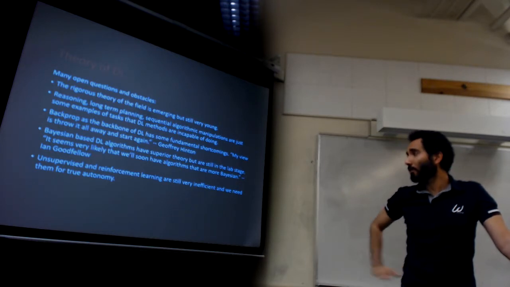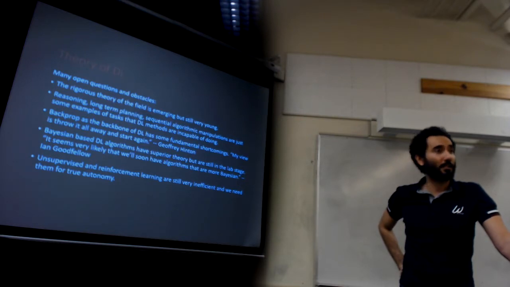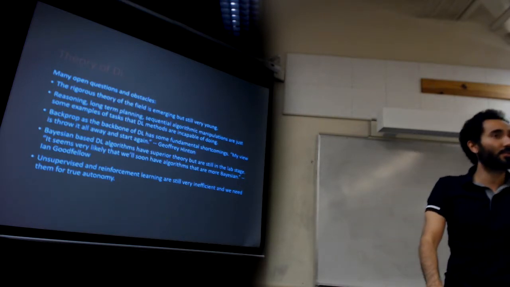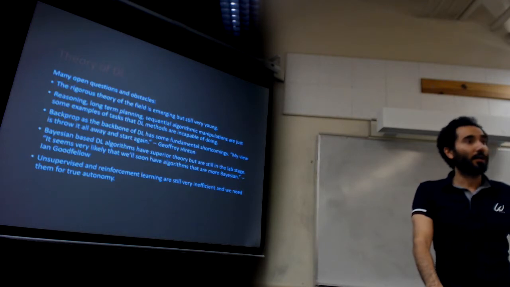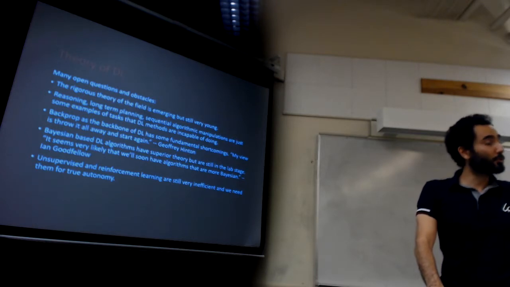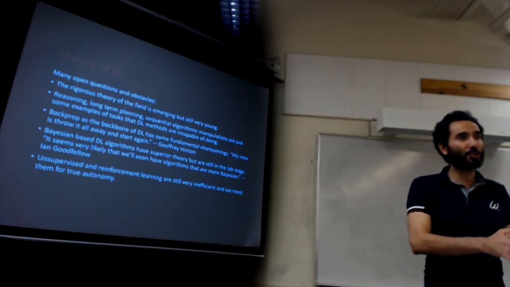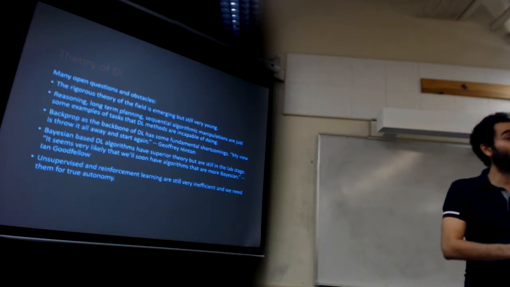And finally, these two are very important: unsupervised and reinforcement learning. Probably you have heard about the advances of AlphaGo, that Google could beat the best Go player in the world and stuff like that. It's possible to do reinforcement learning, but these methods are extremely inefficient. You have to train them for such a long period of time for so many data samples.